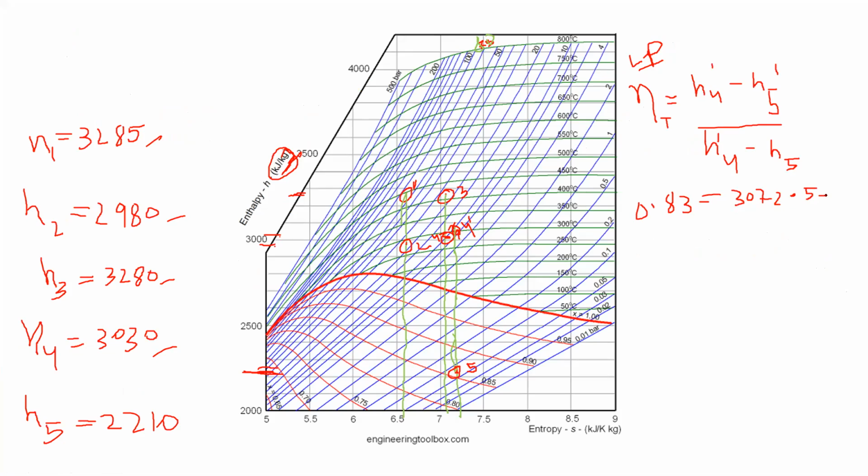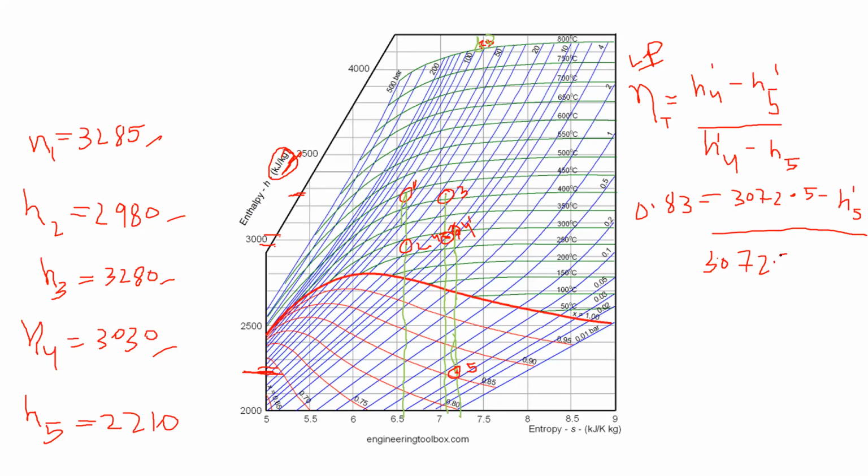Minus, I don't know the H5 dash here. I have to find the H5 dash by this equation. The H4 dash here is 3072.5.